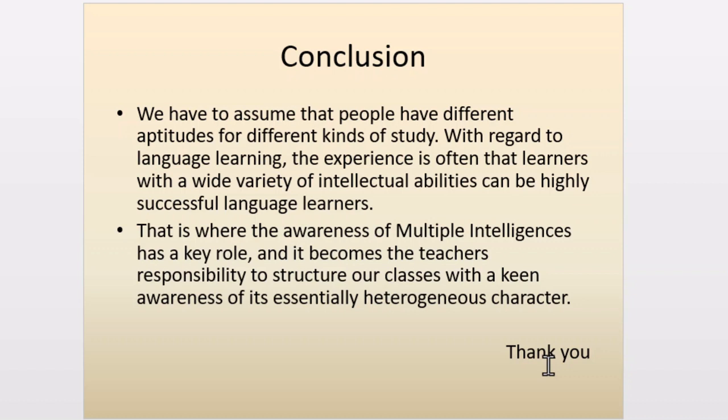Some want to be advanced learners of the language, advanced users of the language. Some would want to have a moderate working knowledge of the language. We need to consider all these learners. But for the high performers, often it is seen that those who have multiple intellectual abilities are very successful.